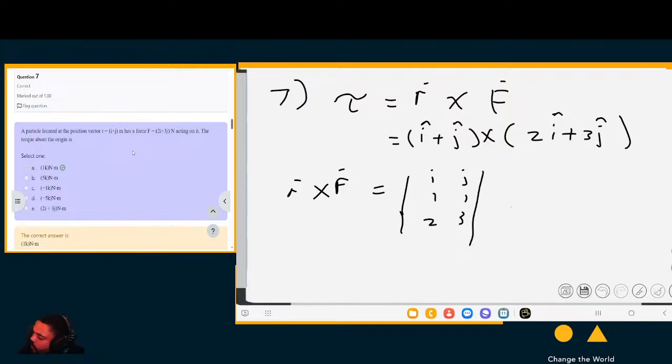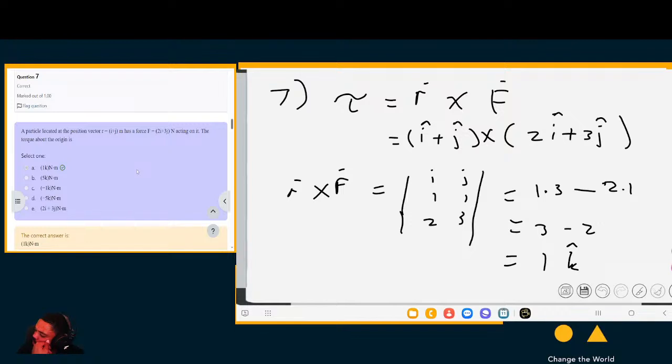So if we find that, it's 1 times 3 minus 1 times 2, it's the same thing. That is 3 minus 2, so it is 1. So 1 in the k hat direction, that is your torque. 1 unit in the k hat direction.